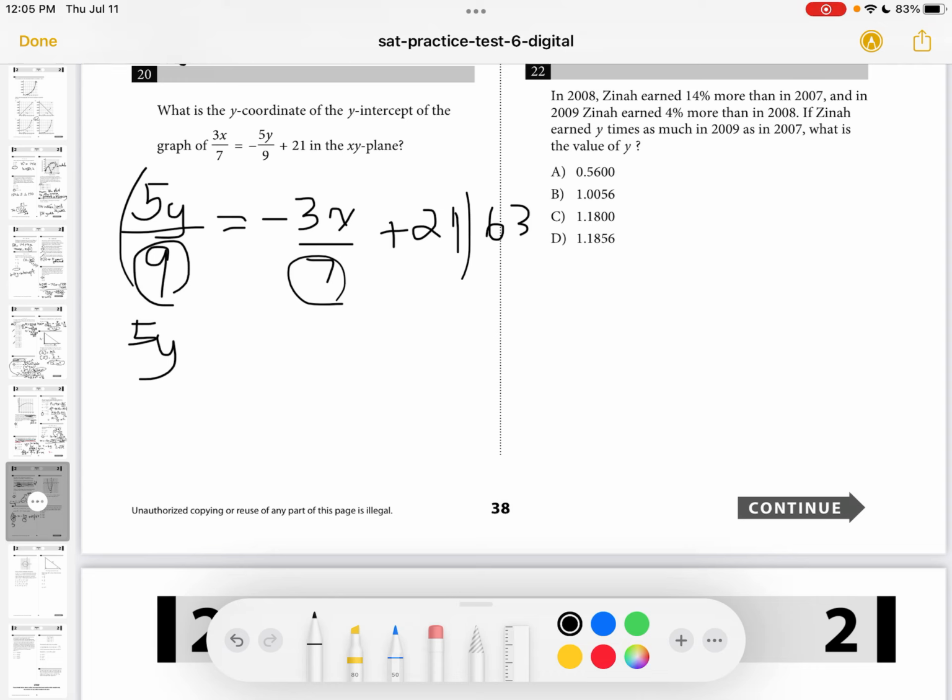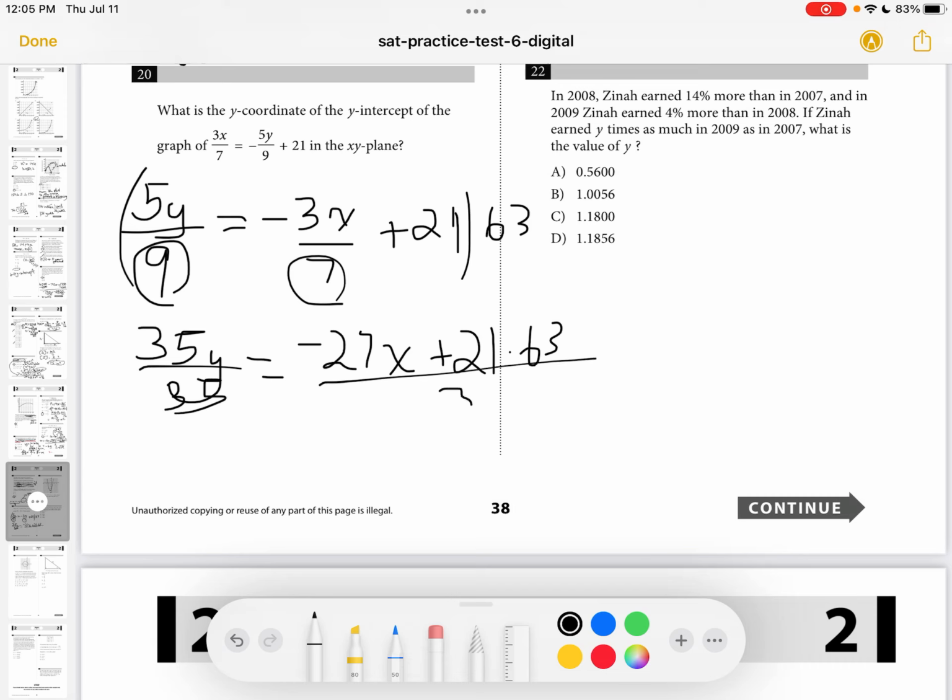So we'll get 5y. Oh, hold on. Let's see. Alright, 35y is equal to negative 27x plus 21 times 63. And now I'm going to divide everything by 35.